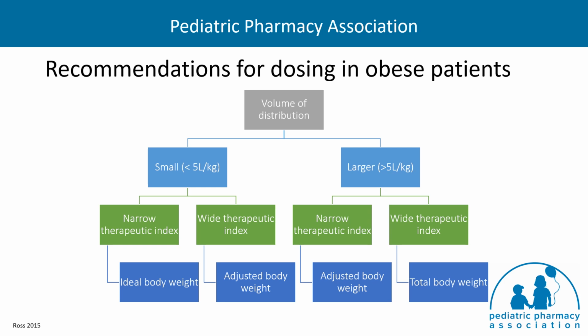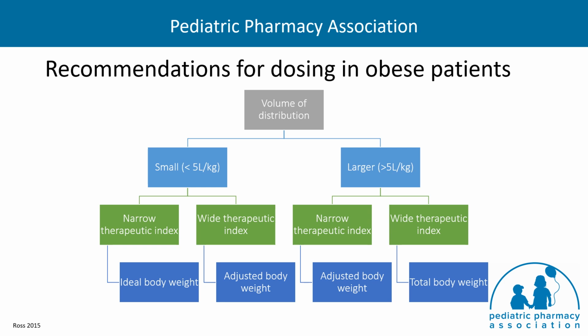For medications that have a larger volume of distribution, considering the therapeutic index, if it's a narrow therapeutic index drug, again, you use the adjusted body weight. If it's, however, a wide therapeutic index drug, you can just use the total body weight, which makes sense.